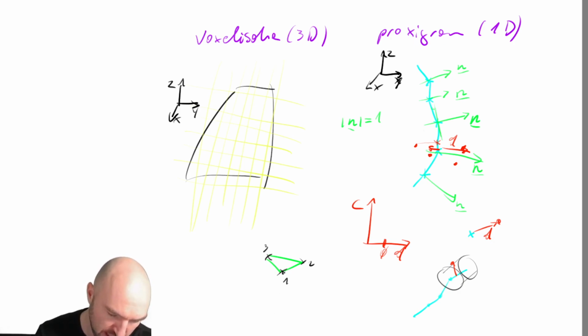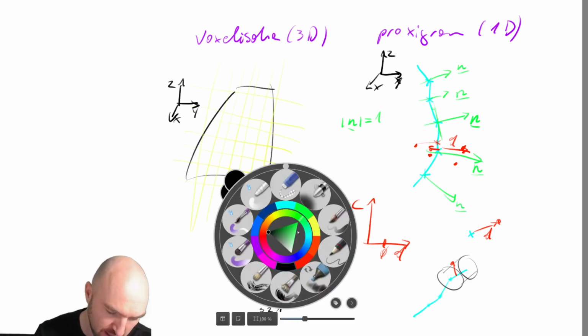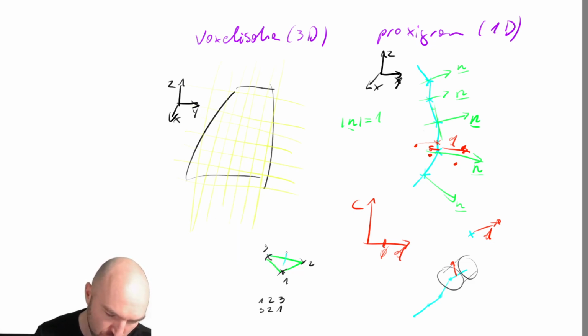Then the question is how to write it. I could write it 1, 2, 3, or I could write it 3, 2, 1. And essentially, you're just taking the cross product of that order, and then the surface normal either points this way or this way. And you can do that for each triangle. So it's the order of the vertices, the way we write them down, that gives us the direction of the surface normal.